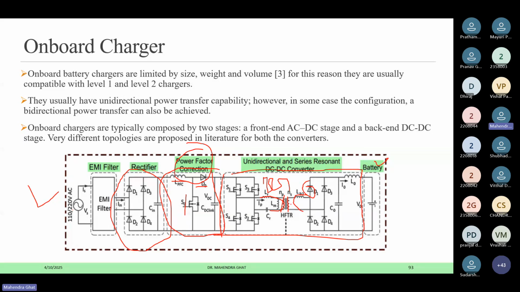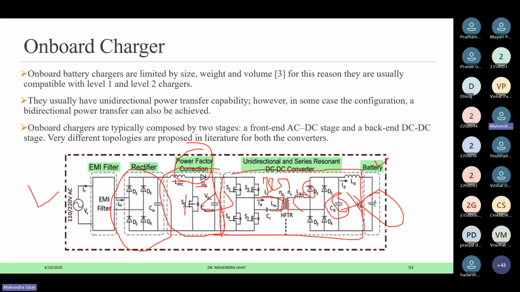Once you rectify, you will get the DC supply again. So from here to here, you are converting fixed DC to controlled DC. Whatever voltage and current I want, I will get here to charge the battery.